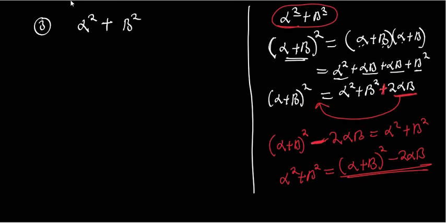So when you see alpha squared plus beta squared, its identity is alpha plus beta squared minus 2 alpha beta. That is the identity of alpha squared plus beta squared. Just like that.